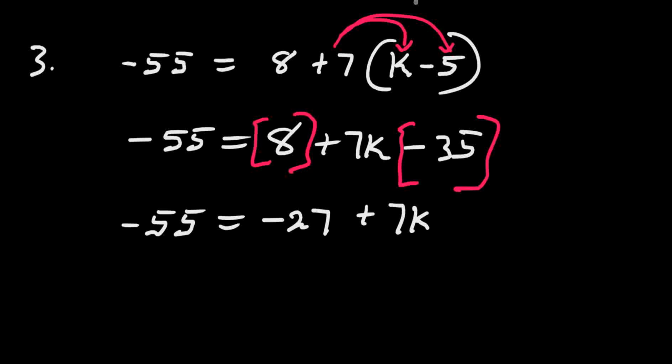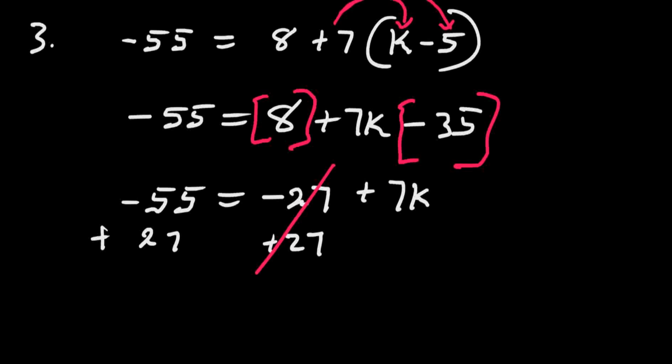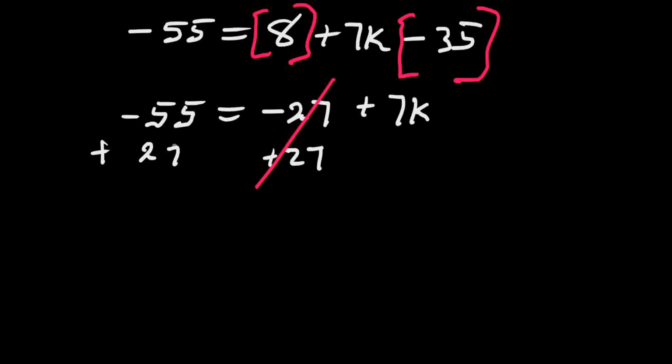And we are going to subtract or move negative 27 from the right side by adding 27 to both sides. Add 27 to both sides. So negative 27 plus 27 is 0. So now we have negative 55 plus 27.